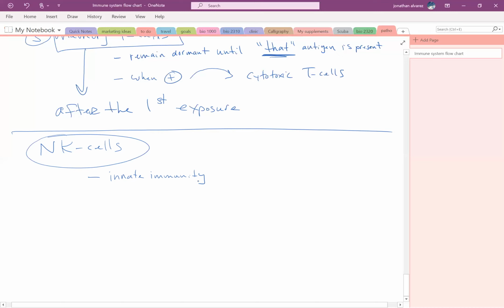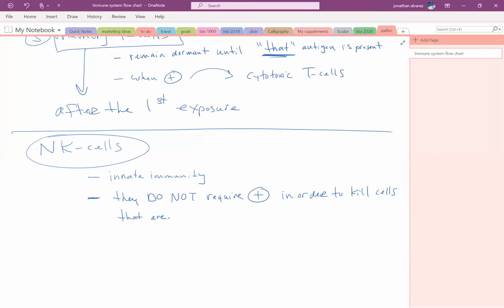Okay. The reason why they are called natural killer cells is because they do not require activation in order to kill cells that are missing the self markers of the major histocompatibility complex.